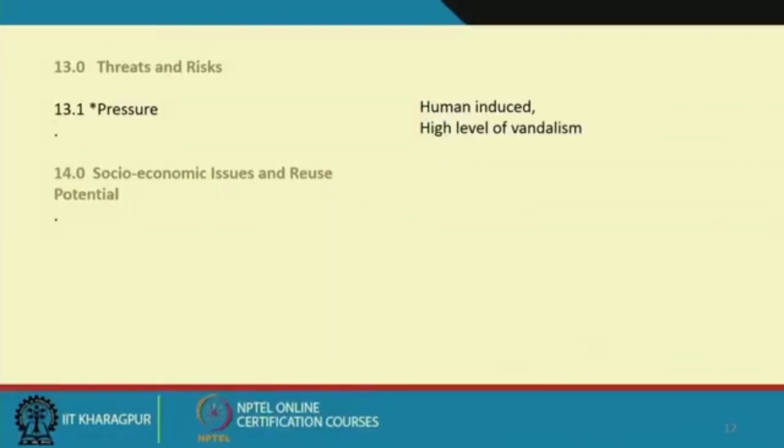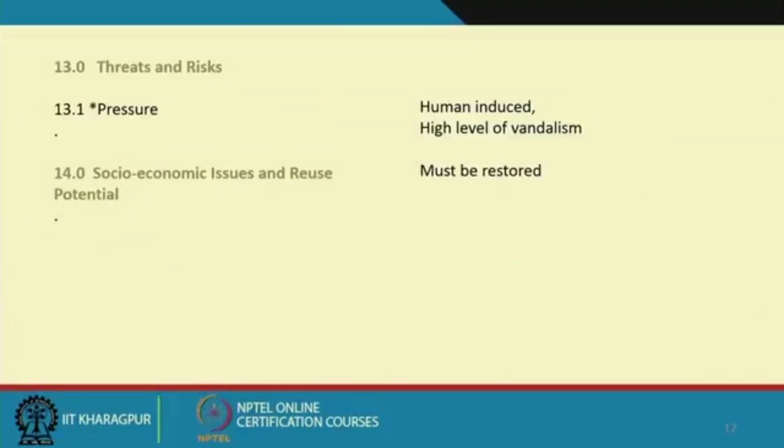So, as we say, the threat here is basically human induced, and there is a high level of vandalism happening. Why is this happening? This is of concern, since it is a private property, and yet the people are still aware and concerned about this.